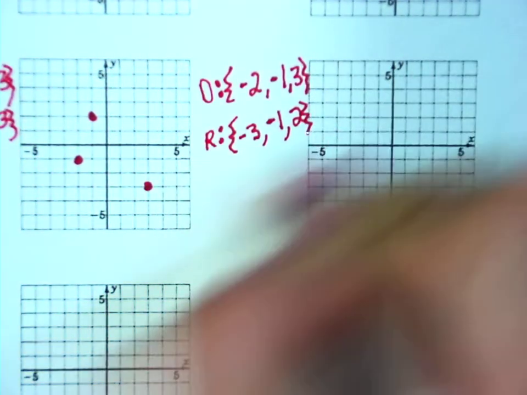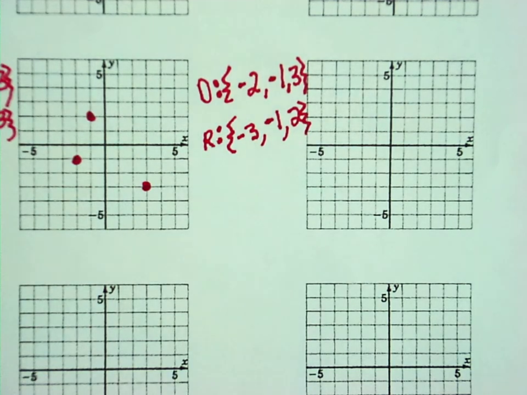All right, so there's the domain and range for those 3 points.